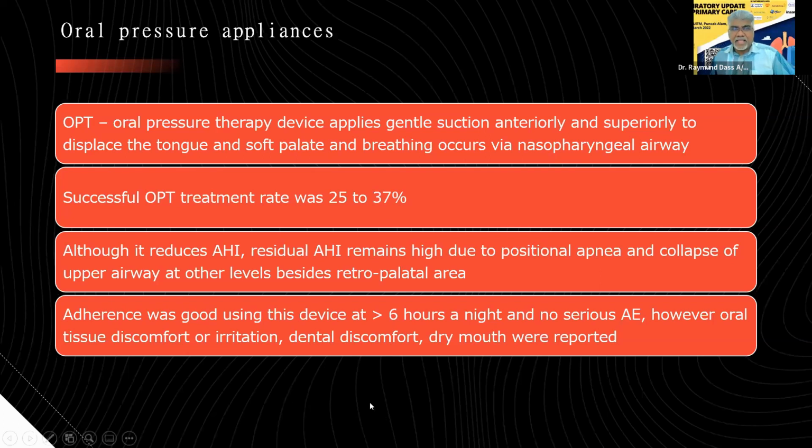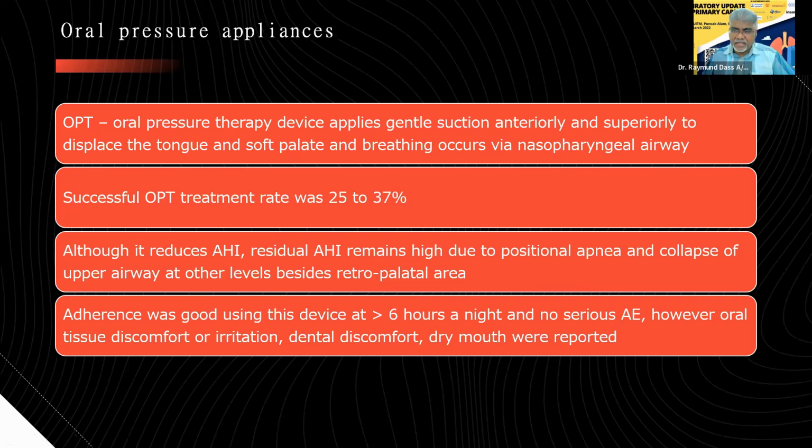So the other device would be an OPT, oral pressure therapy device. It applies a gentle suction to the tongue, and the success of OPT is about 25 to 37%. It reduces the AHI, but the AHI remains high due to positional apnea and collapse at other levels besides the retro-palatal.